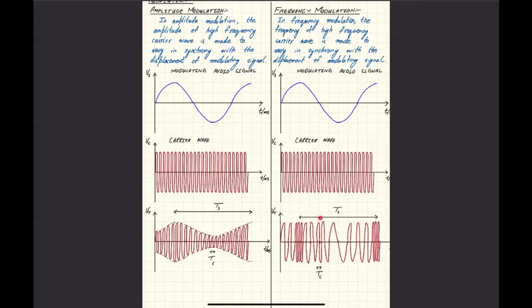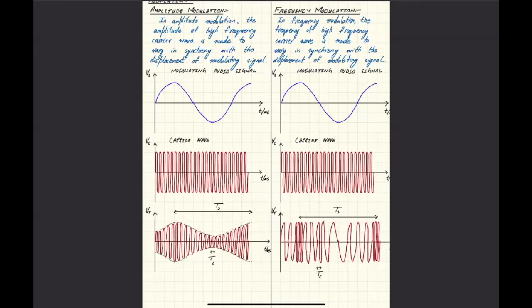So if you do the average, that is the total time from one compression to the next compression divided by the number of waves, you get the average time of the carrier wave, which will be equal to the time period of the original carrier wave. And hence you can read the time period of the carrier wave and use that to determine the frequency of the carrier wave as well.